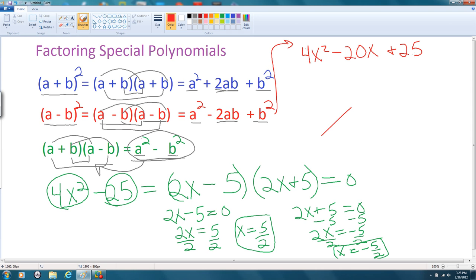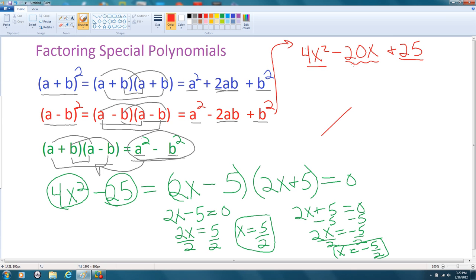Well, there I'm saying, those are perfect squares, aren't they? And I have this middle term here, so I know it's not an a plus b, a minus b situation, but it might be an a minus b squared situation. Is this going to be equal to 2 times the square root of this, 2, times the square root of this, 5? 2 times 2 is 4, times 5 is 20. That's minus 20x. So I think that's it.